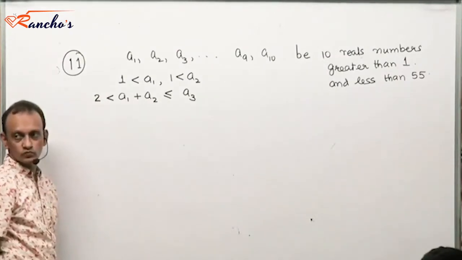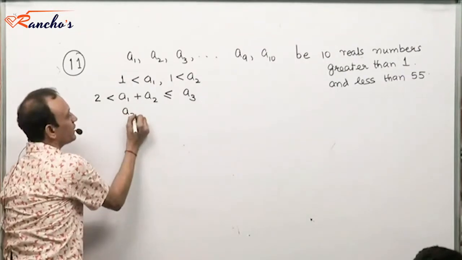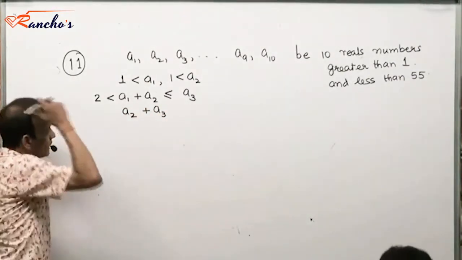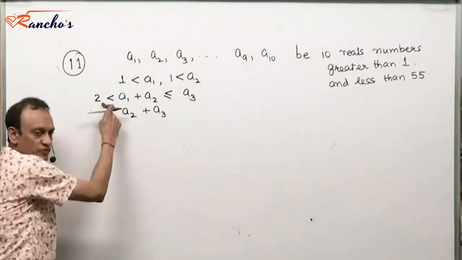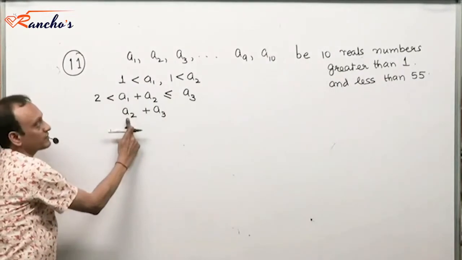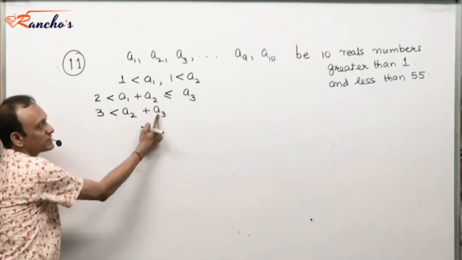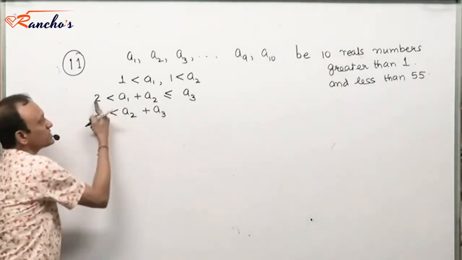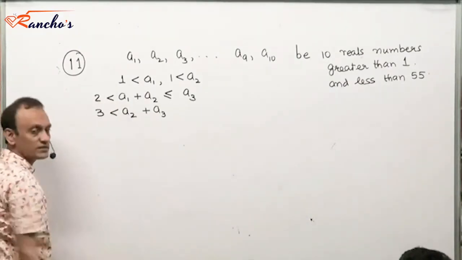Yes or no? Now, A2 plus A3. A3 is greater than 2 as you see from here, and A2 is greater than 1. So this will be greater than 3.